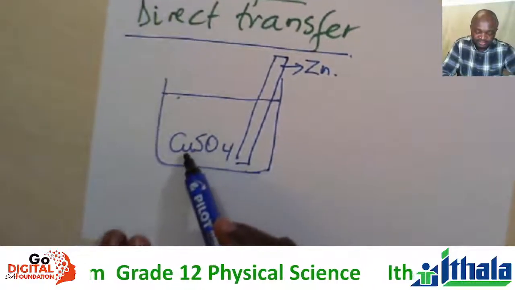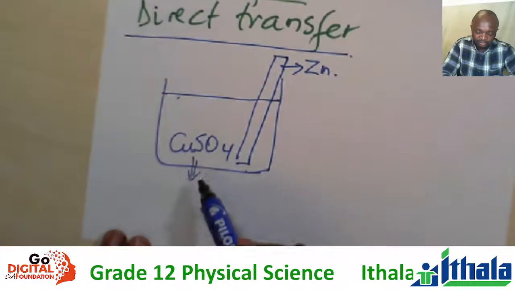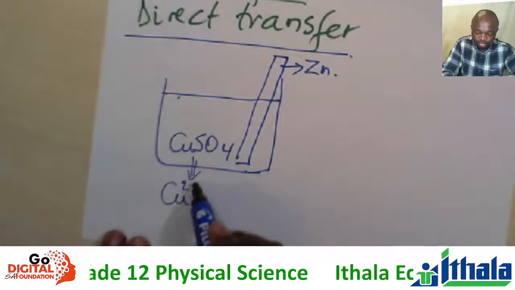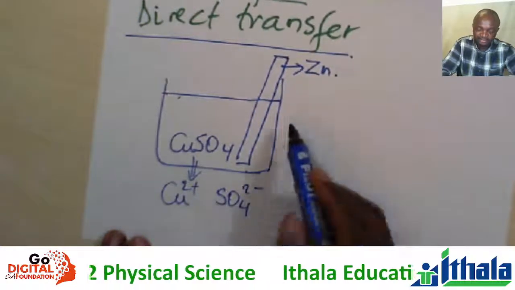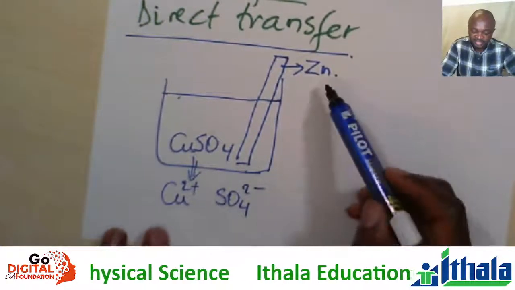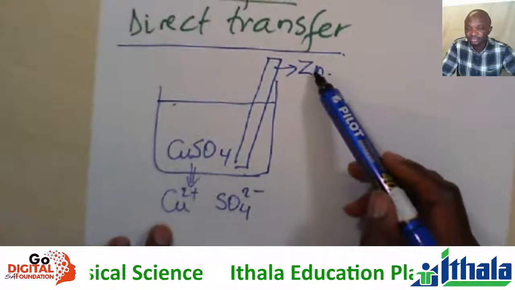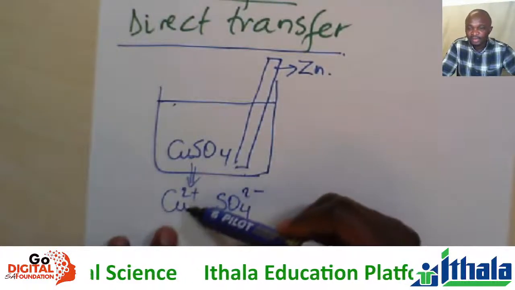Copper sulfate we can dissociate, and it will give us Cu2+ and SO4 2-. Zinc is there. Then what happens in the reaction between zinc and the copper ion?